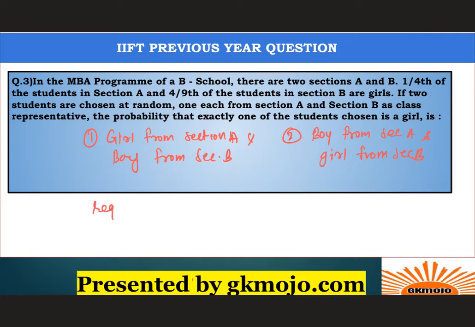So the required probability that we need to calculate over here will be 1/4 into 5/9, right, plus 3/4 into 4/9. So what we have done is we have just combined both the probabilities over here, right? So this comes out to be 17/36, which is your correct answer.